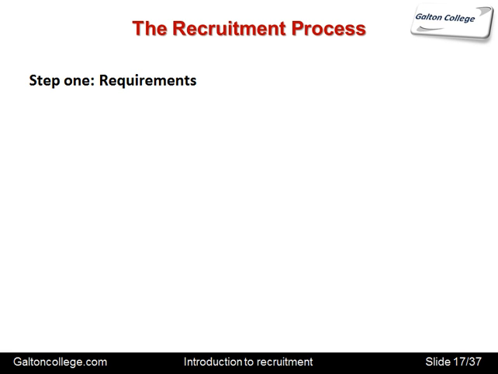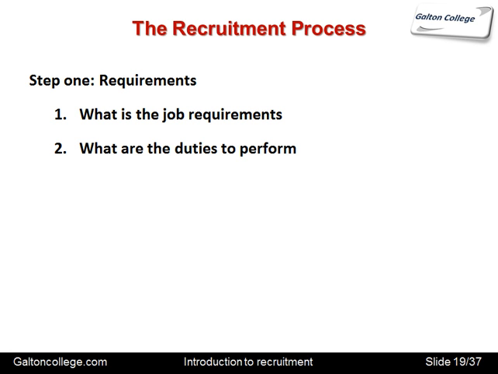In the recruitment process, step one is to look carefully at the requirements of the job. What are the job requirements? What are the duties to perform? What's required in this particular job, the one that is trying to be filled?